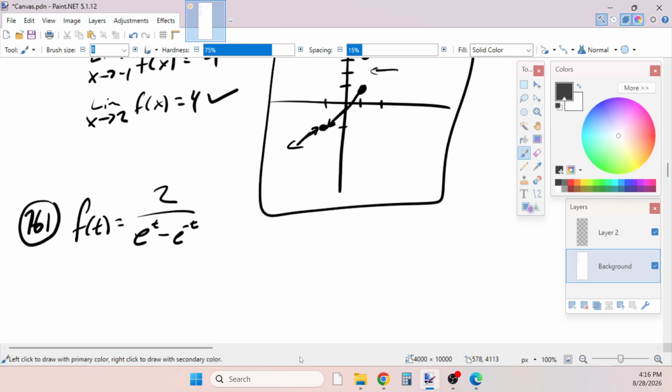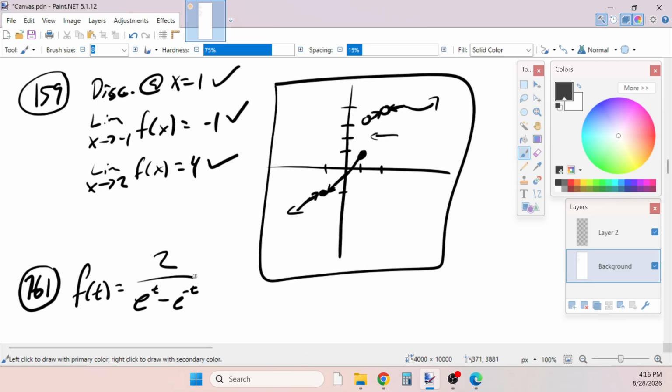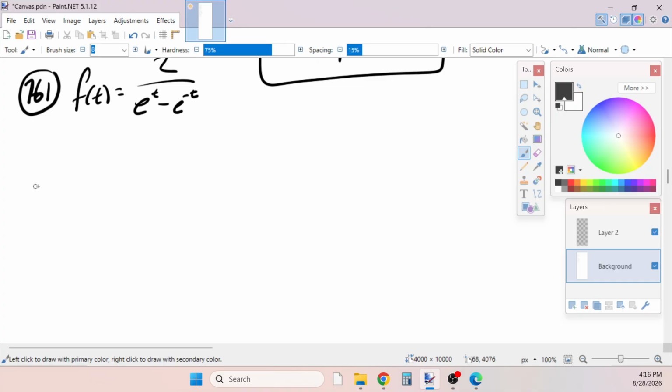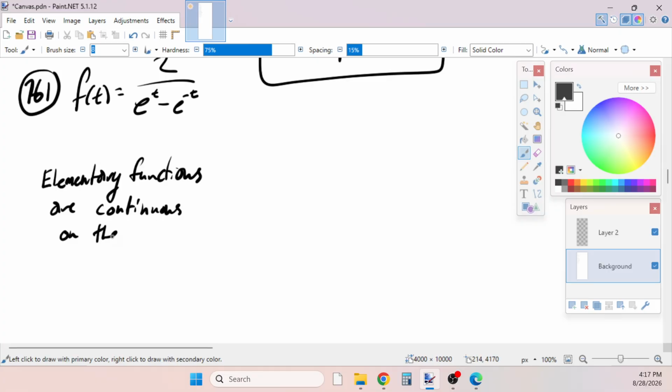Okay. So I'm going to give you a tool that's really nice. It's a nice theorem, which says that elementary functions are continuous on their domains. That is a theorem that I'm giving you. You can use it.